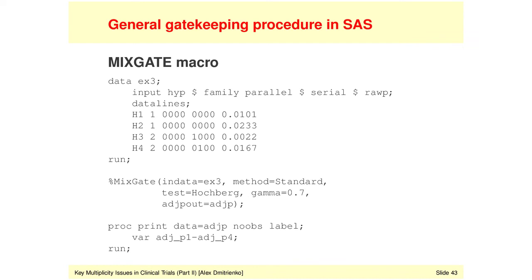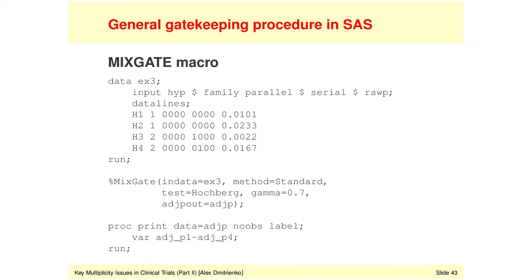It's equal to 1 for the first 2 hypotheses, and it's equal to 2 for the third and fourth hypothesis. The next variable, parallel, is a set of binary indicators that are used in problems with parallel gatekeepers. In this case, the first family is not a parallel gatekeeper, and therefore we're going to skip this variable and move on to the next variable called serial.